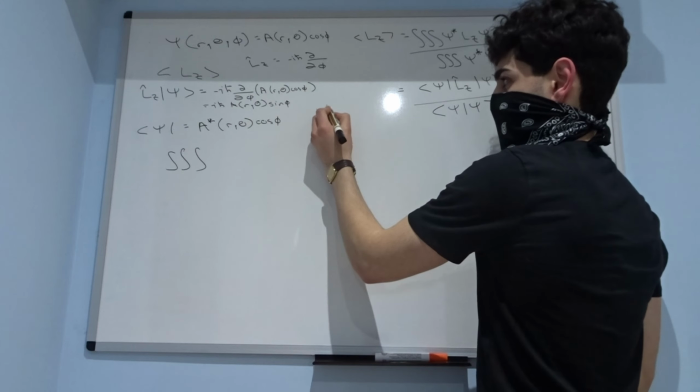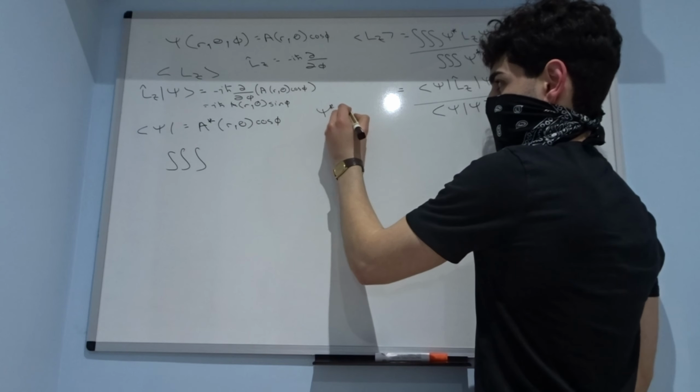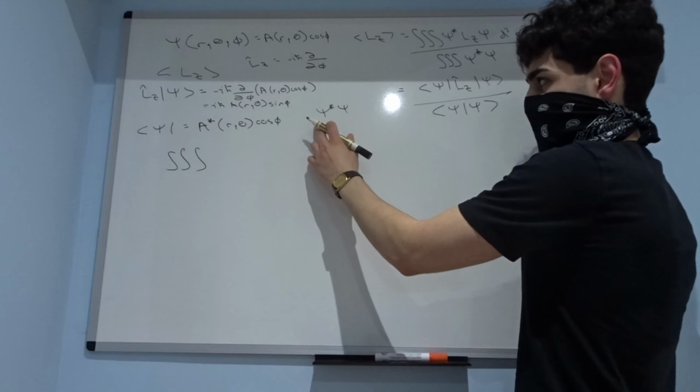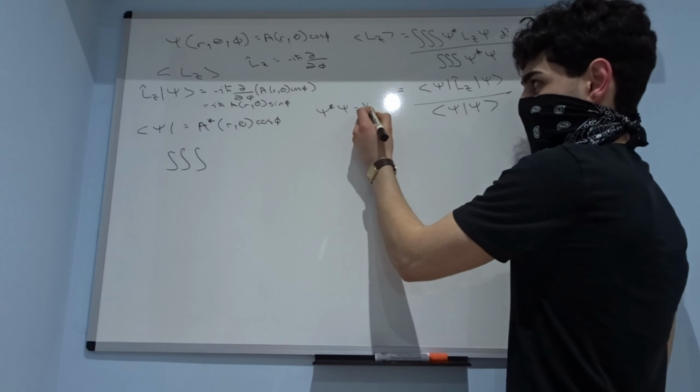Recall that for a wave function, when it's multiplied by its complex conjugate, you just get the probability density.